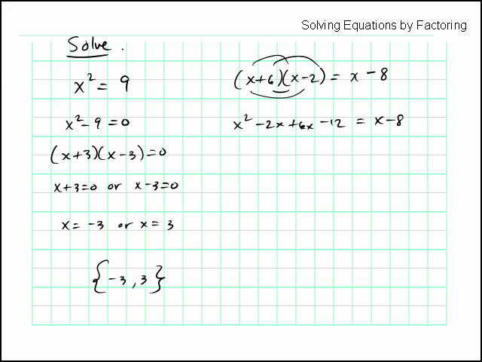Okay, I'm going to combine my like terms. I'm going to now move everything over to the left side so that the equation is equal to 0. And I end up with x squared plus 3x minus 4 equals 0. Okay, now I can refactor the left side.